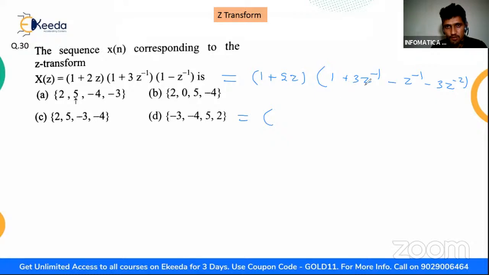This basically 3z inverse, and this again minus z inverse, so it will be 2z inverse. Simply write it as 2z inverse minus 3z. So multiplying it with 1, we will write 2z inverse minus 3z minus 2.